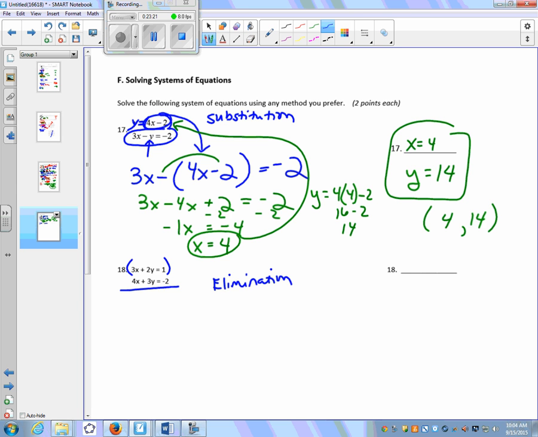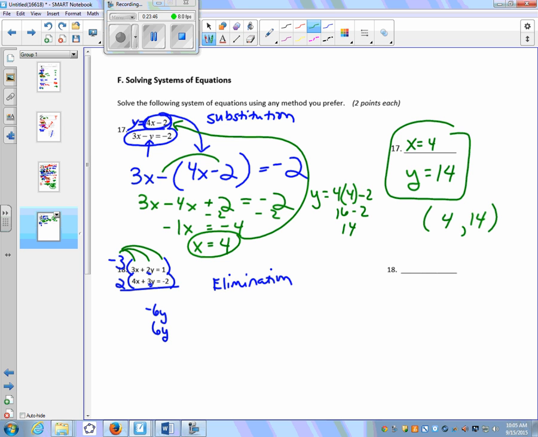But in order to do that, you have to multiply each one by a number that will cancel out. So I'm going to get my y's to cancel. So I'm going to multiply the top by negative 3, which would make that a negative 6 here. And then I'm going to multiply the bottom by 2, which will make that a positive 6 here. And those will eventually cancel. Don't forget to multiply everything through, though.